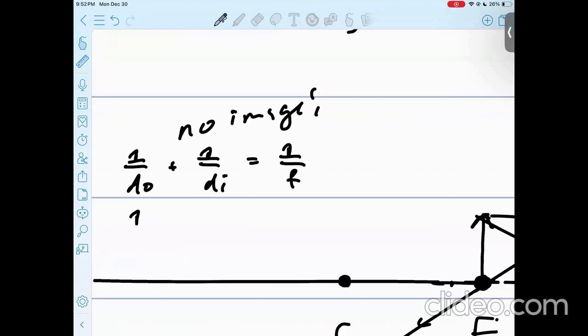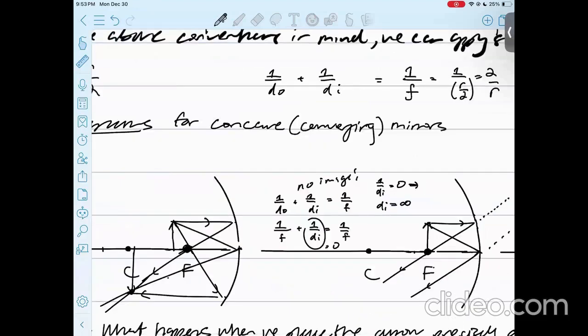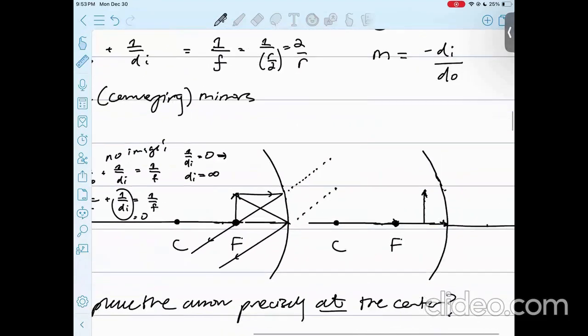So this first term becomes 1 over the focal length plus 1 over the image distance equals 1 over the focal length. In order that this be true, this has to be 0. In order for that to be 0, well, di has to be infinity, right? Because 1 over infinity is 0. And so the image forms all the way out at infinity, which we won't be getting to anytime soon.